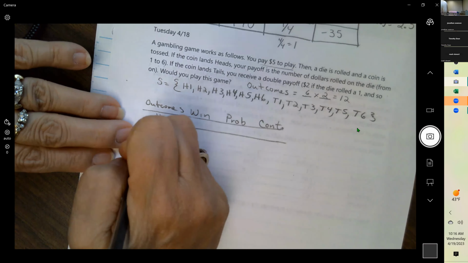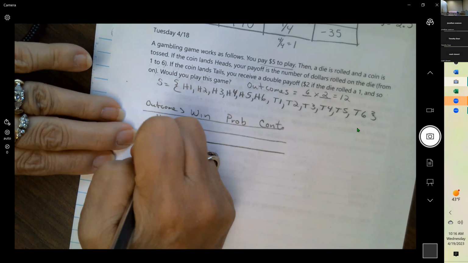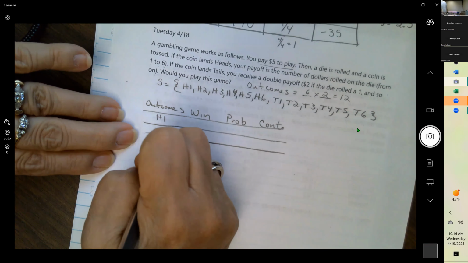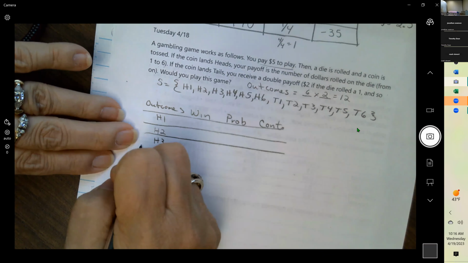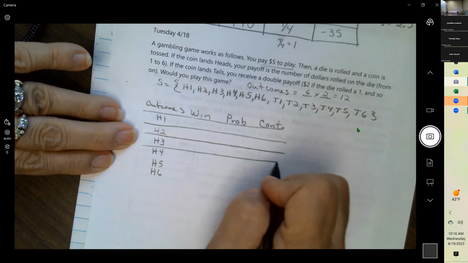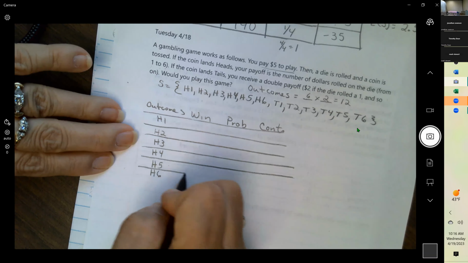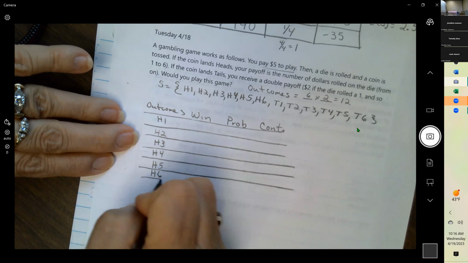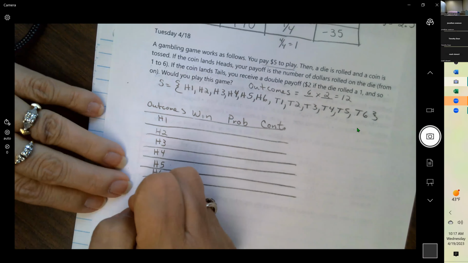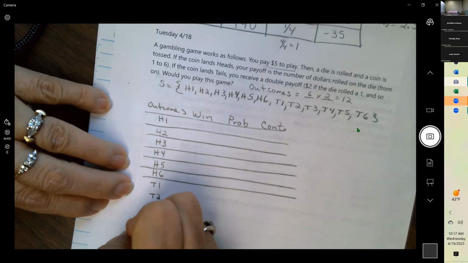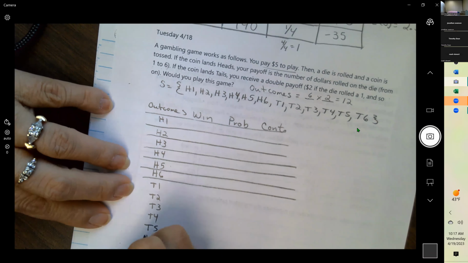So you have to list them all. One, two, three, 4, 5, and 6.